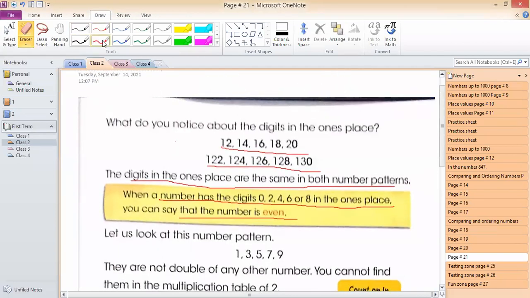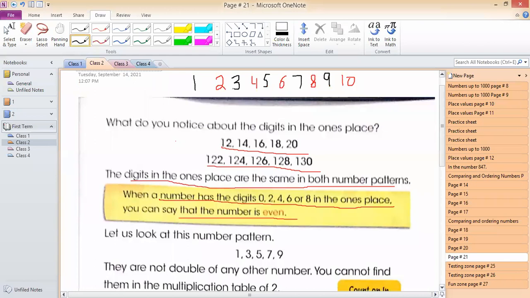Look, I'm going to write the even numbers with the red marker. This is 2, 4, 6, 8 and 10. And these are odd numbers: 1, 3, 5, 7 and 9.